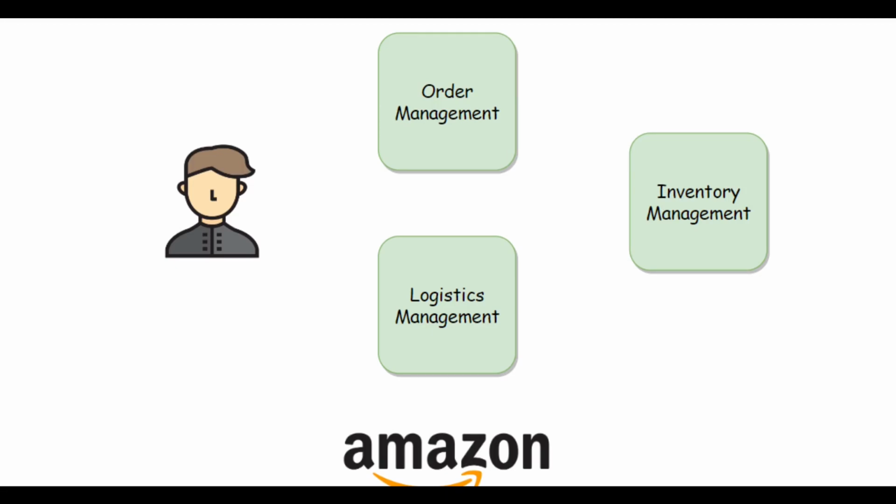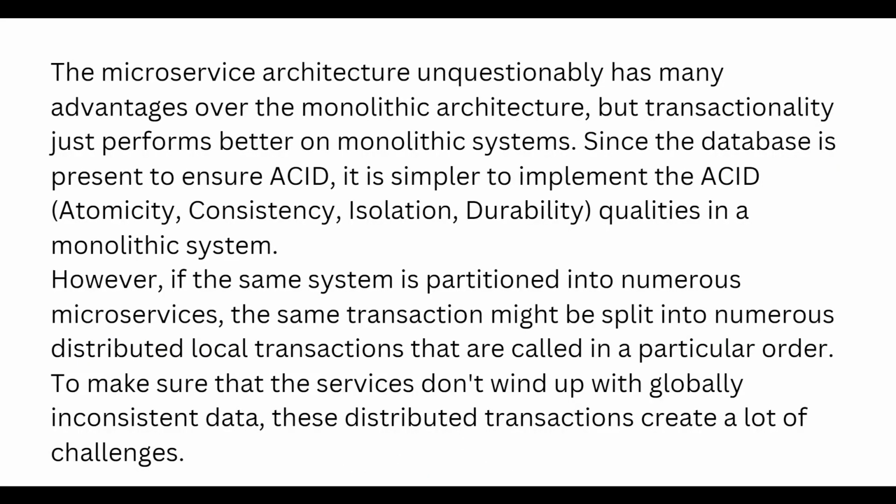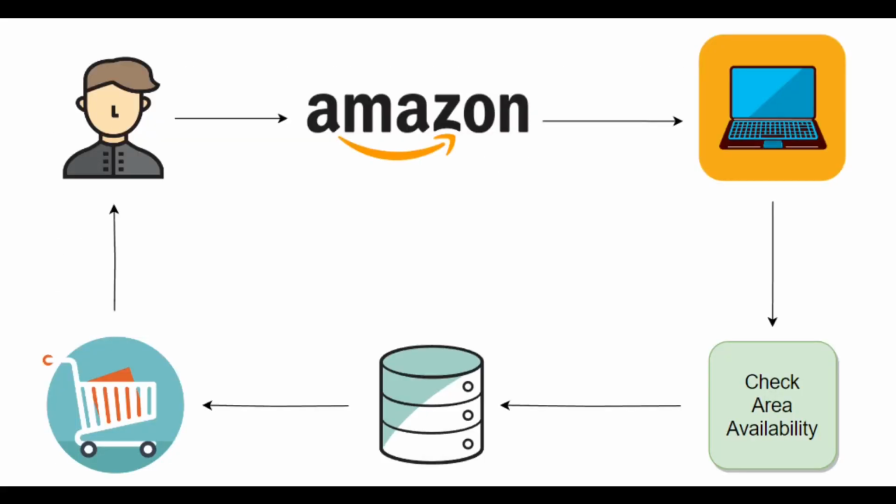Now the idea behind telling you about the microservices and monolithic representation of Amazon is to explain this theory. So here we are talking about ACID properties, which is atomicity, consistency, isolation and durability. It is much easier to ensure these ACID properties in a monolithic system because it is a complete package and it's easy to manage those transactions.